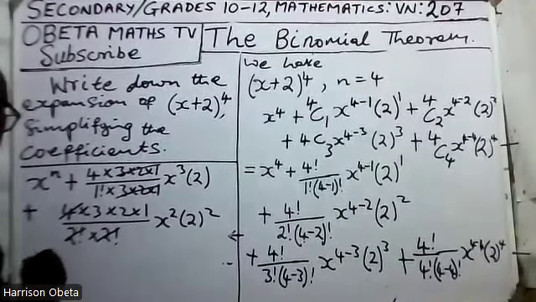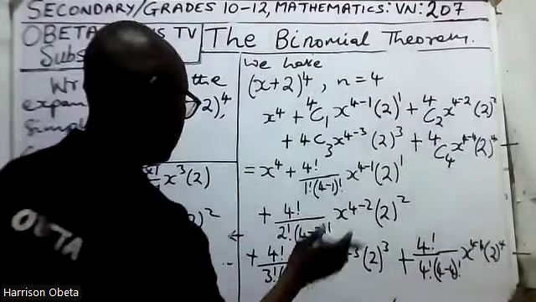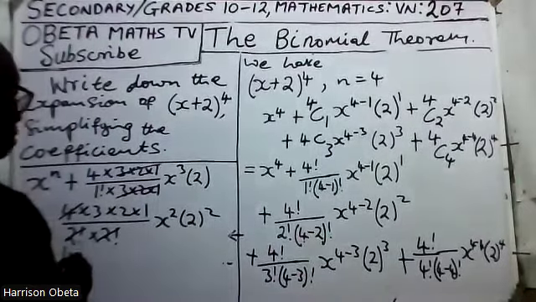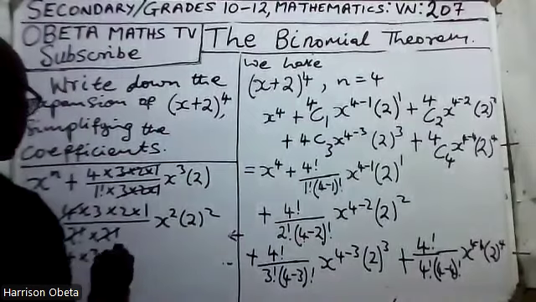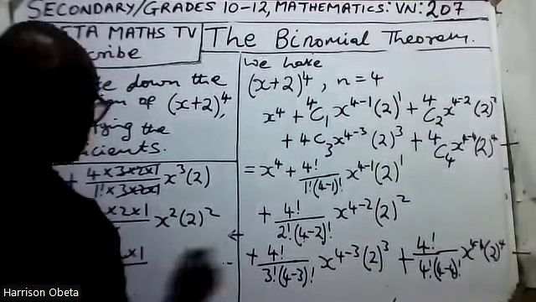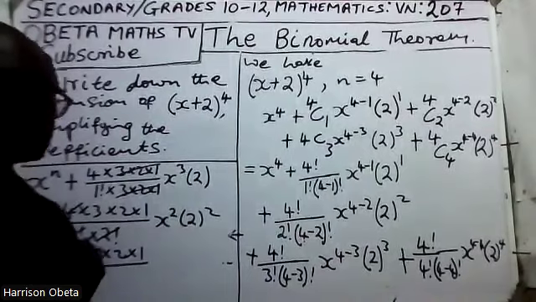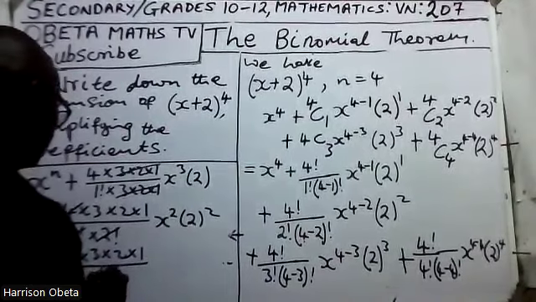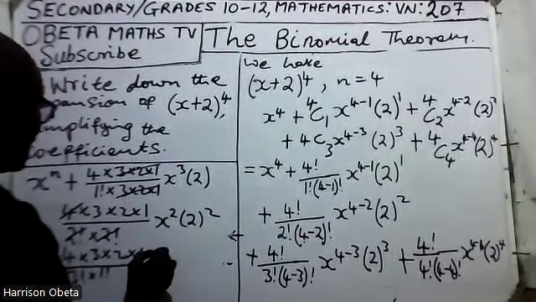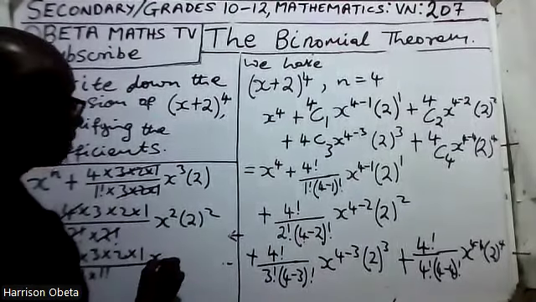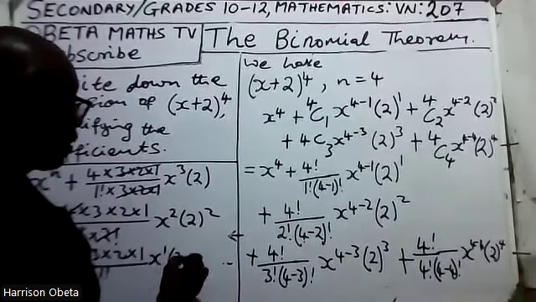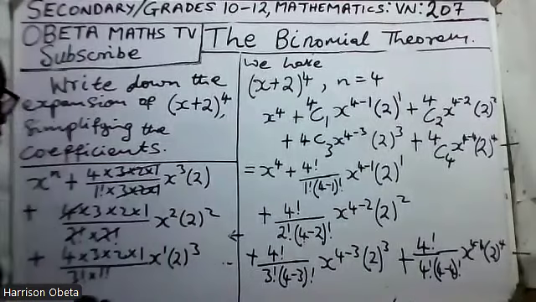Plus now, we are bringing in this. And that is 4 times 3 times 2 times 1 all over 3 factorial times 1 factorial. And then 3 factorial is from here. Then this is x raised power 1 into 2 raised power 3.